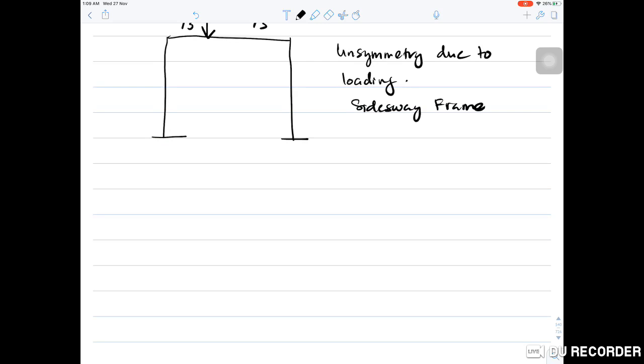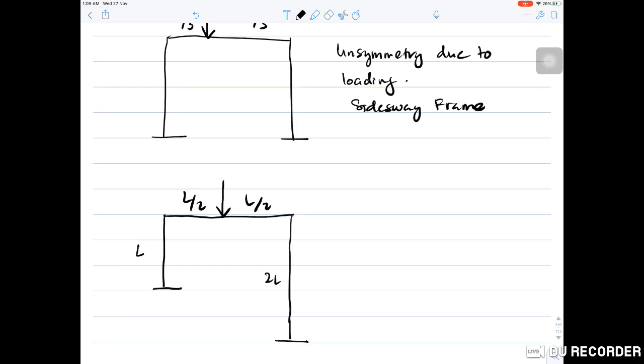Another example. Let's say loading is symmetry, but geometry is not symmetry. Loading is symmetry, it is L/2, but one column is L and the other one is 2L. So this one is unsymmetry due to geometry.